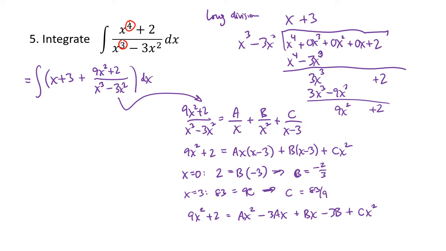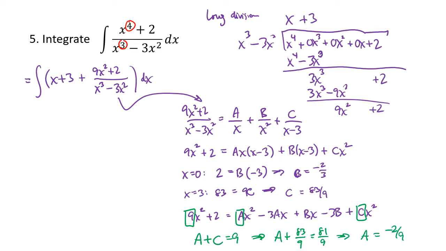So the coefficient of x squared, and there's different ways to do this, but we'll go ahead and use the x squared, is 9 on the left-hand side, and it's a plus c on the right-hand side. So this tells me a plus c equals 9, which means a plus 83 over 9 is equal to 9. 9 I can write as 81 over 9, which means a is negative 2 over 9.